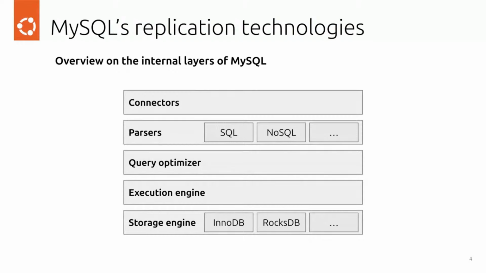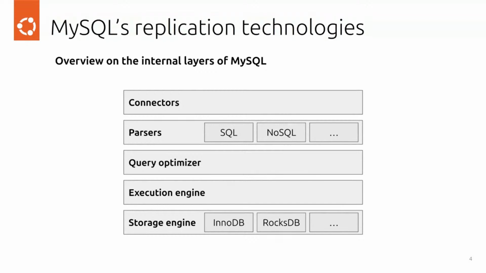Unlike other databases, MySQL was built with a pluggable storage architecture in mind, meaning that you can use different storage engines with different deployments of MySQL. InnoDB is by far the most used one, I think, but RocksDB and the old, between quotes, legacy MyISAM are probably the ones to know.